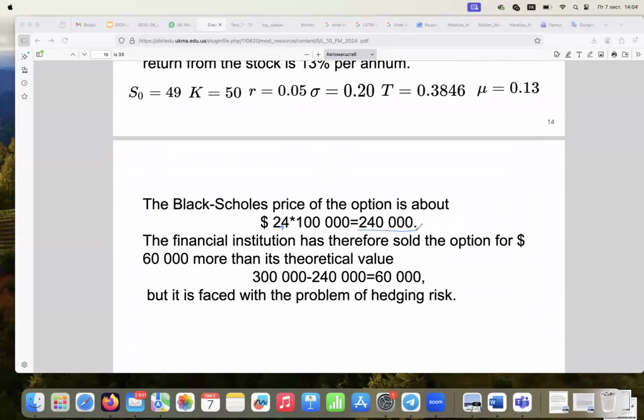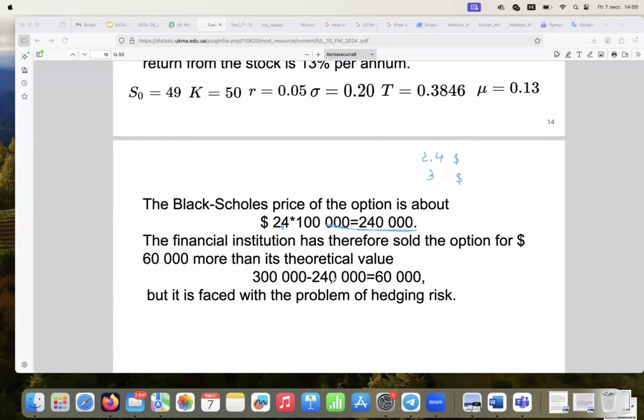This result is right. So 2.4 is the premium, a fair price, a theoretical price according to the Black-Scholes formula. But $3 is the market price.